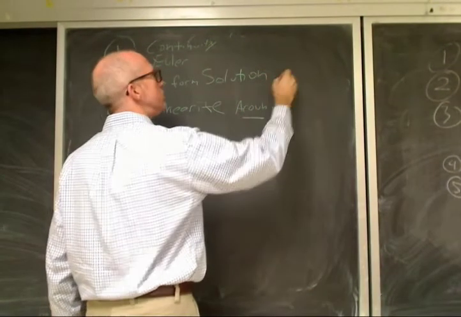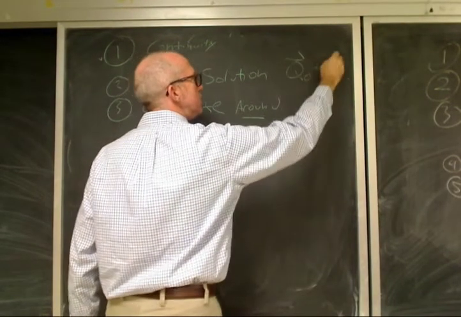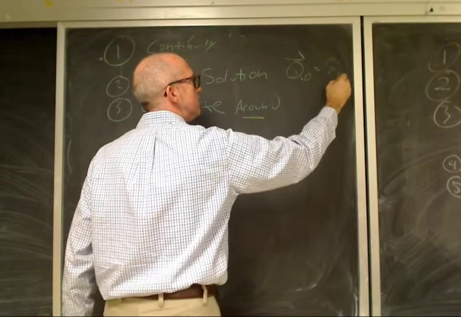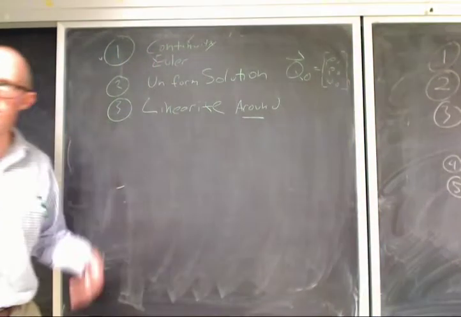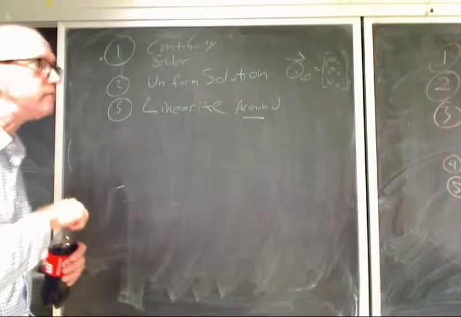Let's call this uniform solution Q naught. And Q naught is shorthand for rho naught, P naught, and V naught. This is just a bucket of stuff. Q is everything, my whole state vector.